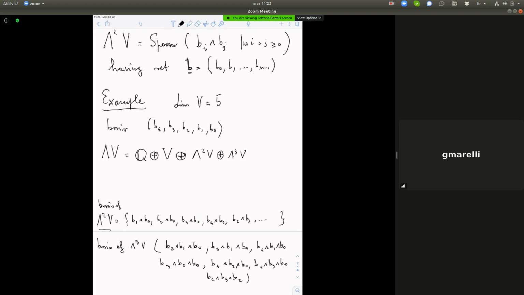Then we count the basis elements: 1, 2, 3, 4, 5, 6, 7. Oh, for sure I forgot something.